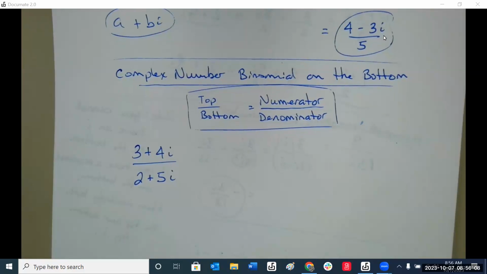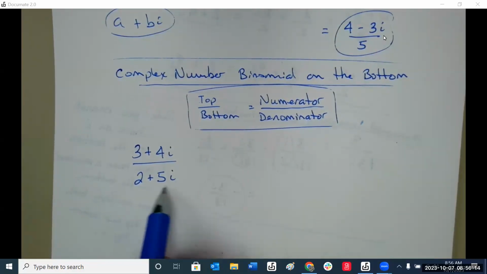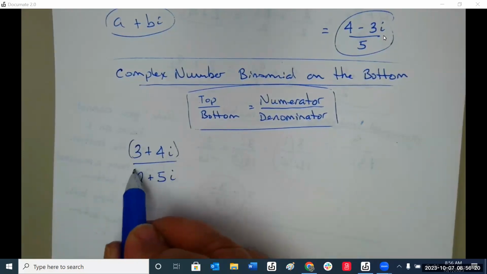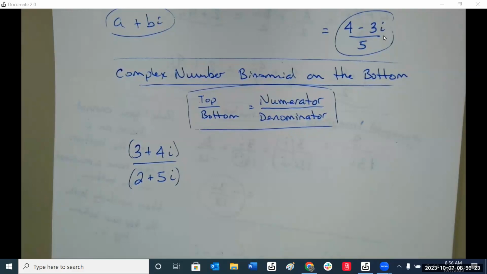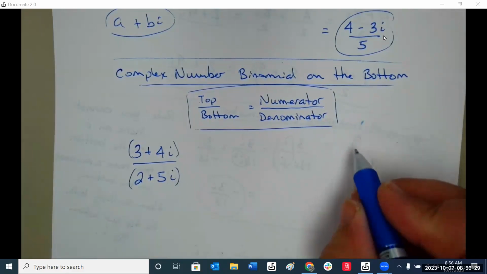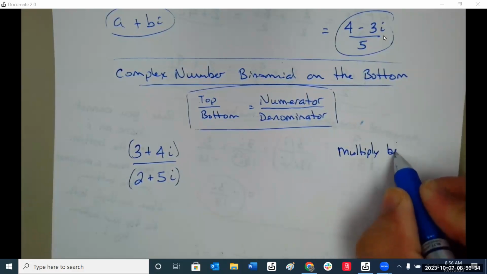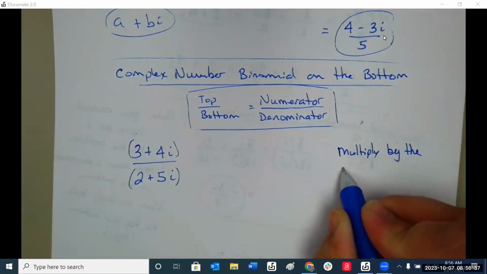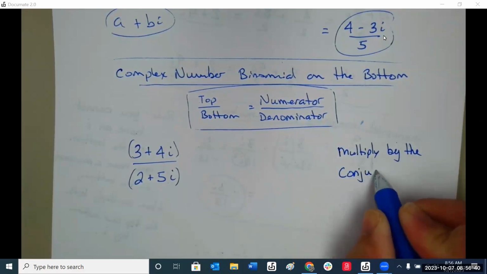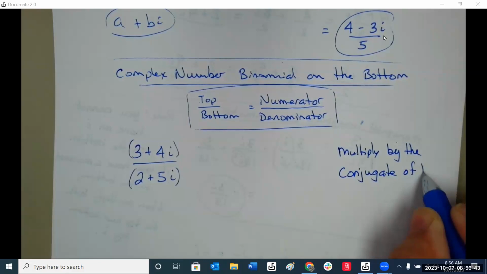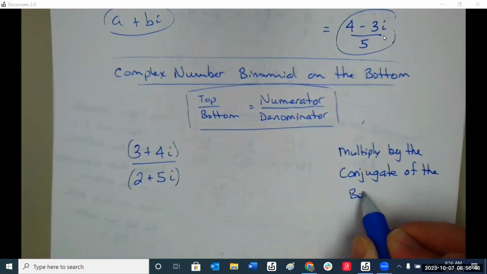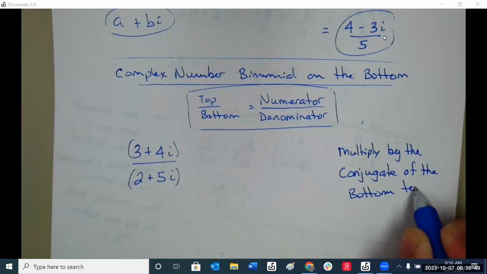Now, whenever you have a binomial, imaginary complex number on the bottom, 2 terms. Remember, since they're equations, they have to stay together. How do we get rid of the I on the bottom? Here, we have to multiply by the conjugate of the bottom term.